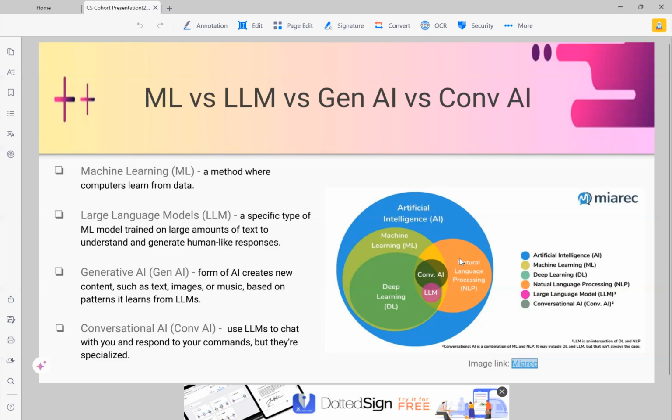Then you have something specific within machine learning, called the LLM. An LLM is a type of machine learning model, and you use it to generate large amounts of text with almost human-like responses. A perfect example of an LLM is ChatGPT, and also chatbots.